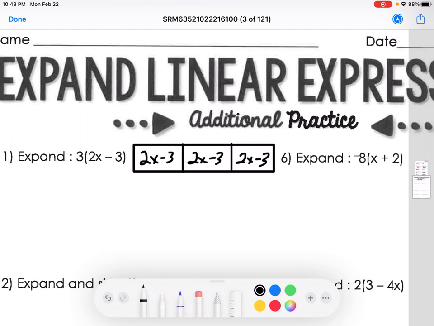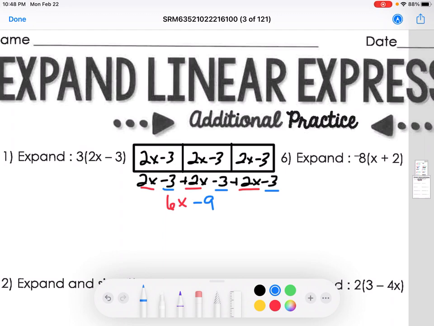So that's the same thing as having 2x minus 3 plus 2x minus 3 plus 2x minus 3. So you could go in and combine these like terms. So I have 2x plus 2x plus 2x, which would give me 6x. And then I have negative 3 minus 3, which would be negative 6. Minus 3 would be negative 9.